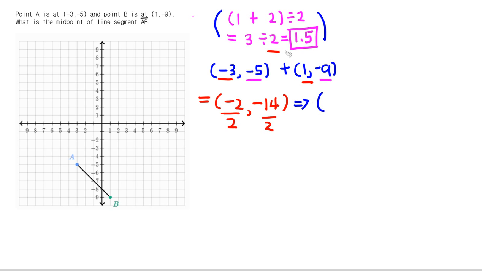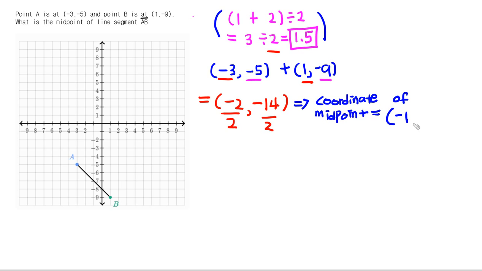the coordinates of the midpoint. I'll just write down the coordinates of the midpoint. It should be equal to -2 divided by 2, which is -1. So the x value is -1.